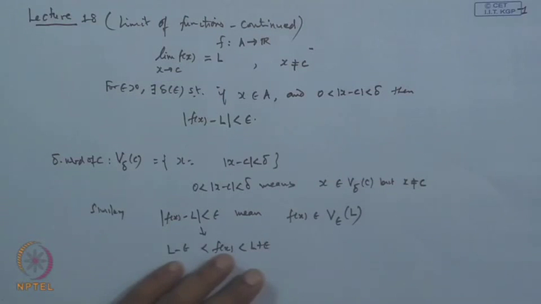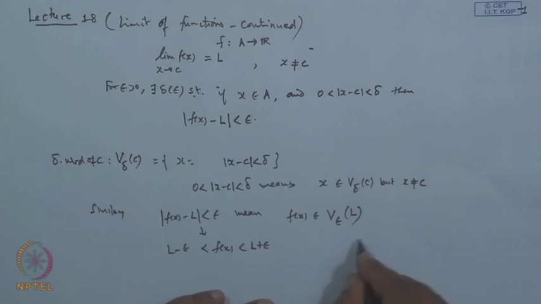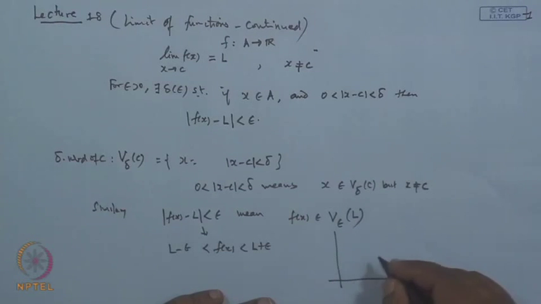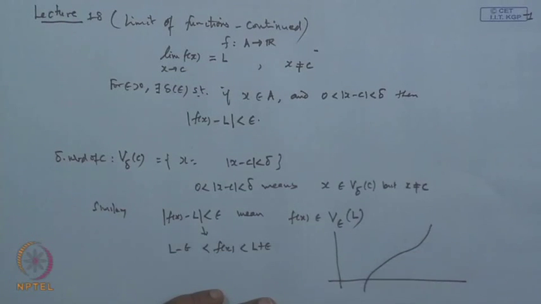It means that if we have this function, say this is our function f(x), and here is the point c, and this is L.